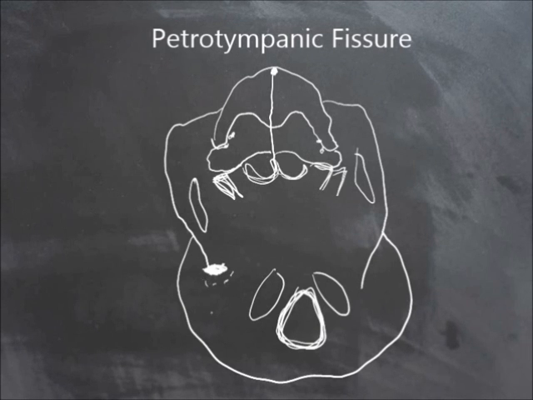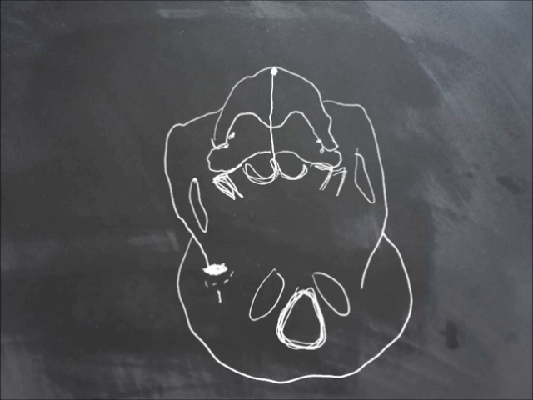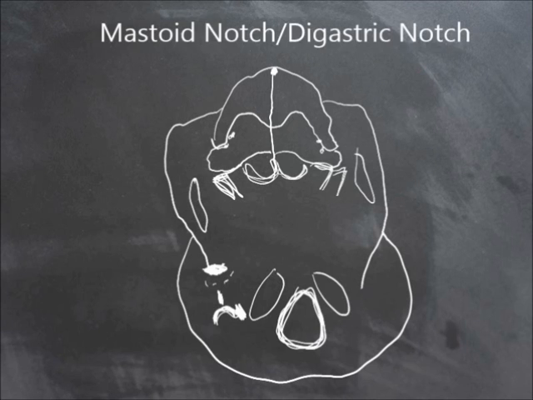And then we have the styloid process. Then the mastoid process. And medial to the mastoid process is a notch called the mastoid notch, or the digastric notch, and that's for the digastric muscle.